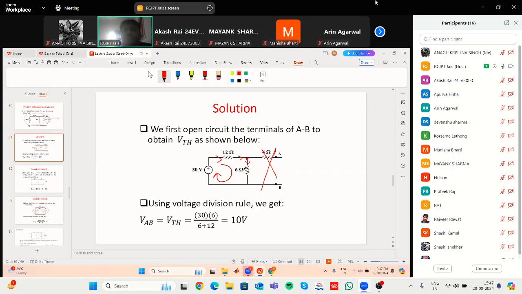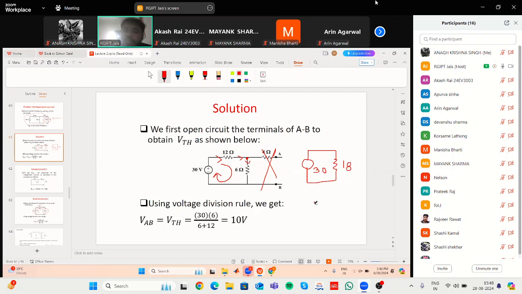So this is nothing but a voltage source connected like this, and in series there is a resistance. This is of value 30 volt and this is of value 18 ohm.